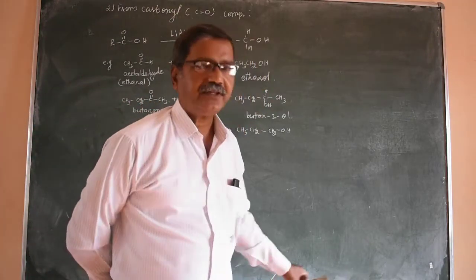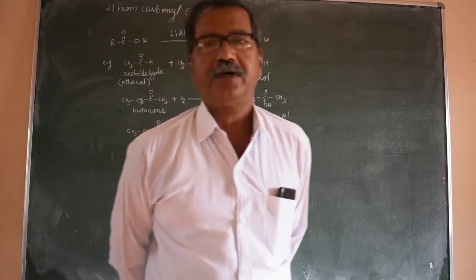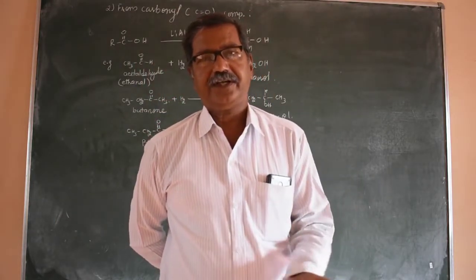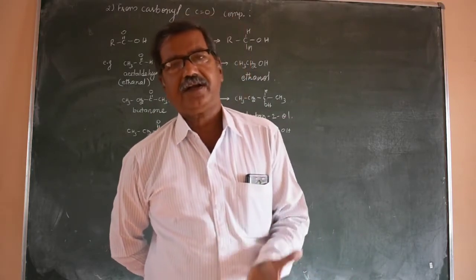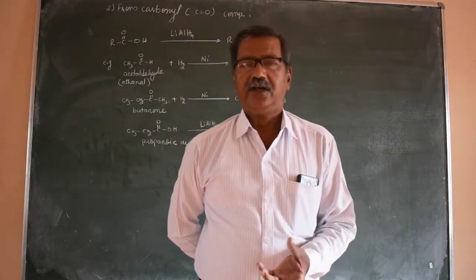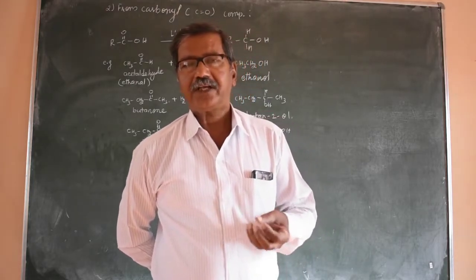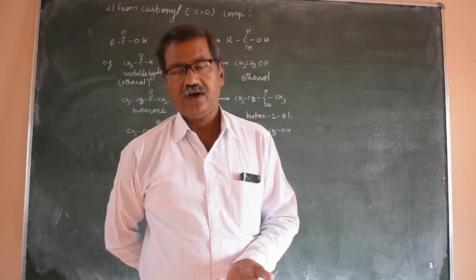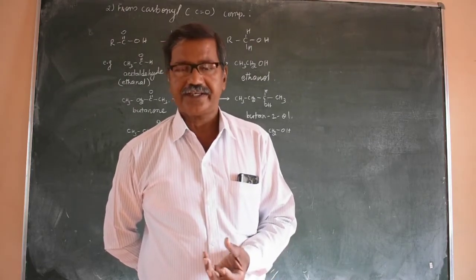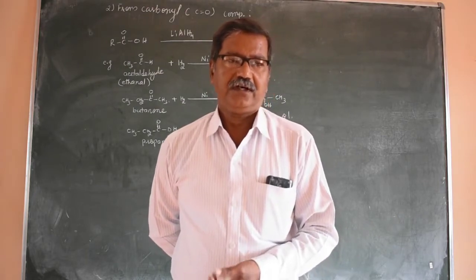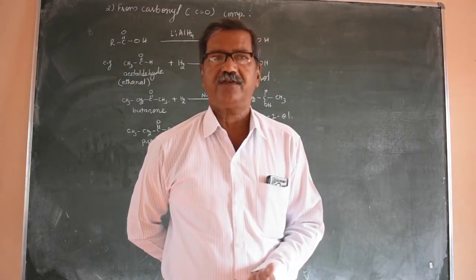Well, the next method is important. It's from Grignard reagent. In the first organic topic, you studied what is meant by Grignard reagent. Alkyl or aryl magnesium halide, or RMgX, is called Grignard reagent. And we have synthetic applications of Grignard reagent.